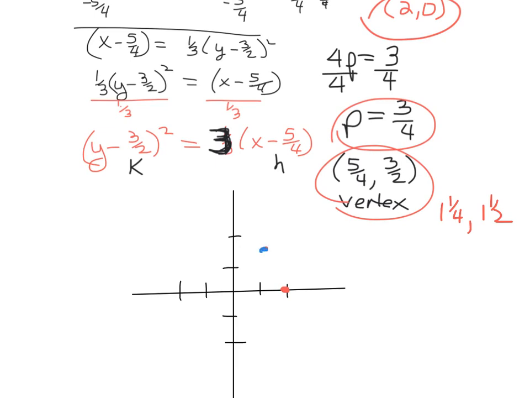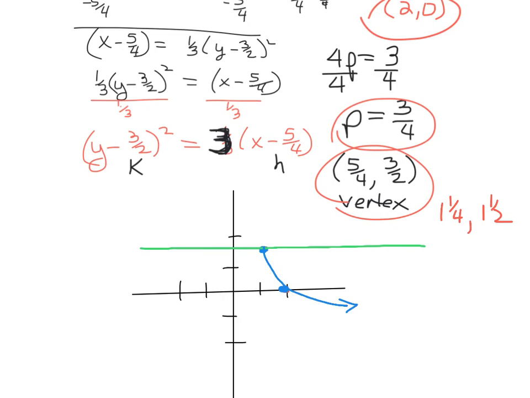Let me do these points in blue, and then I'll do the focus and the directrix in red. All right, so there's my vertex and my x-intercept. Again, remember we're going to use the axis of symmetry. So remember when it's a y squared, it's a c. So here's my axis of symmetry. So so far I've got this going.